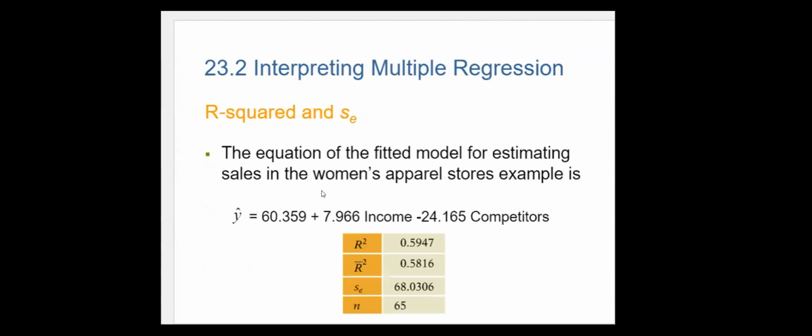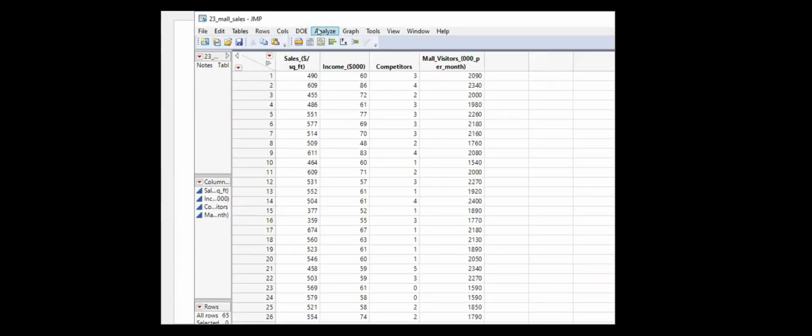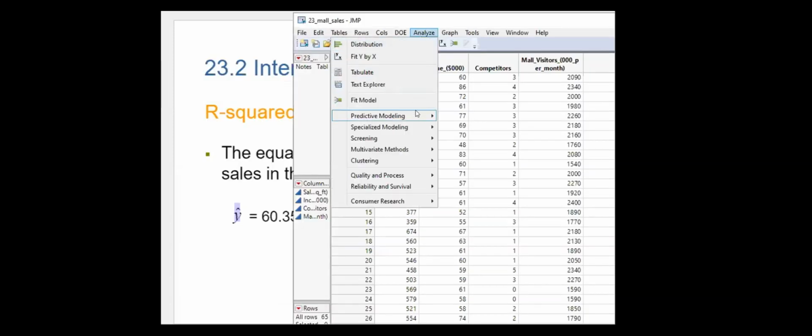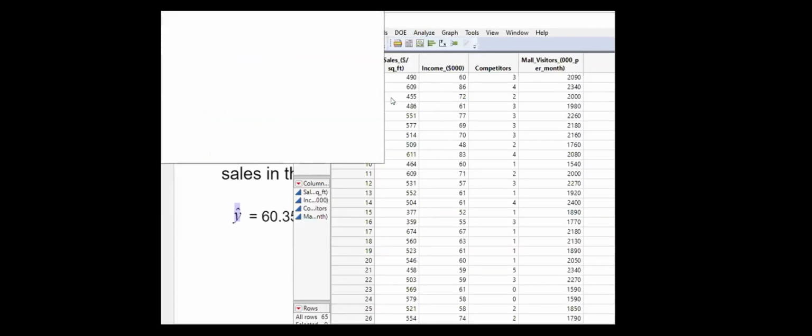Okay, next is the regression model. As I told you before, you expect to have a regression model as y equals intercept plus slope, beta 1 x1 plus beta 2 x2. So let's look at our data. We want to analyze, fit model.